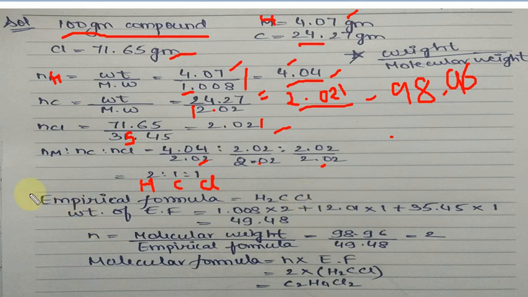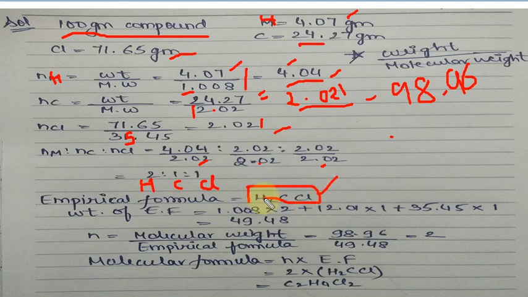Now we are done with one thing, that we have calculated the empirical formula, but now we have to calculate the molecular formula. For calculating the molecular formula, for CH2Cl we have to find its empirical formula mass.